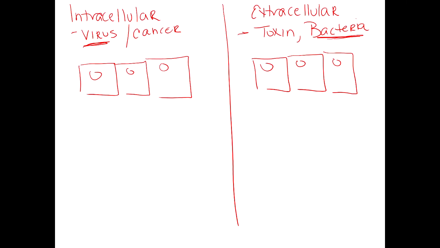So if we look here at the virus, if it's a viral infection, it's going to come into the body, and remember, viruses are intracellular, so I'm going to put it as the letter V. They have to get inside our nucleated cells, and then they're going to take over our cells, use our cells to replicate, divide, and then they will come out of the cell, infect other cells, etc. But while they're doing their damage, notice where they are.